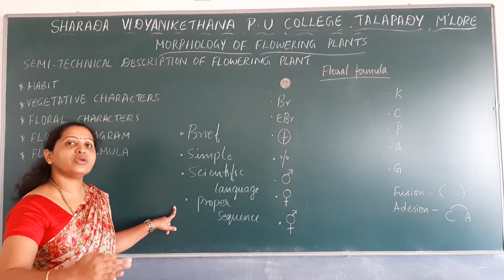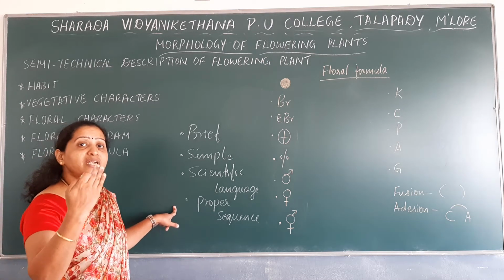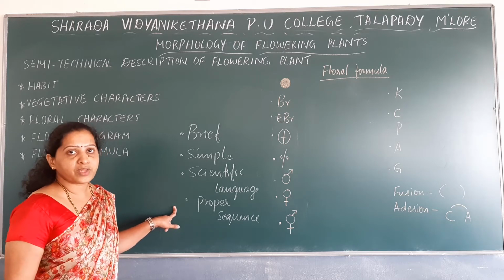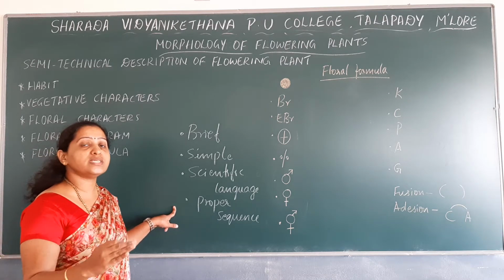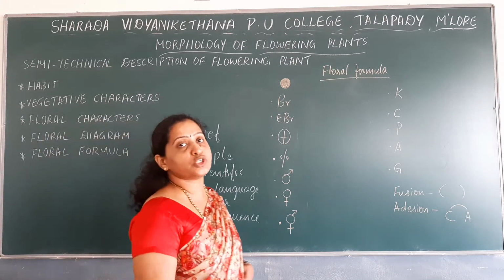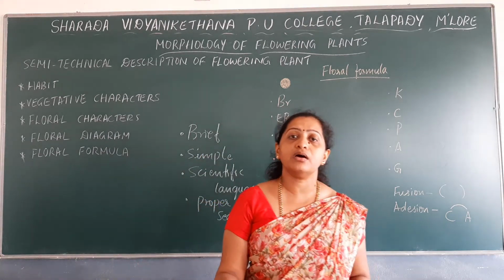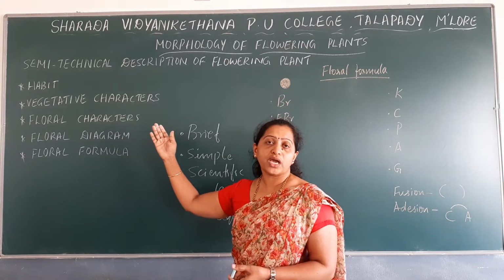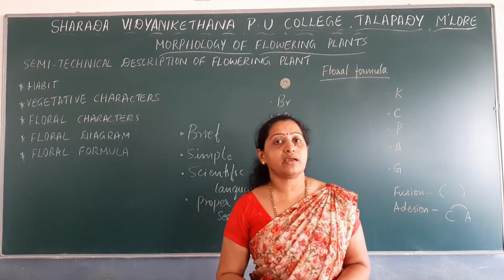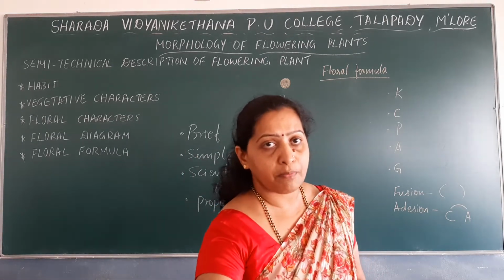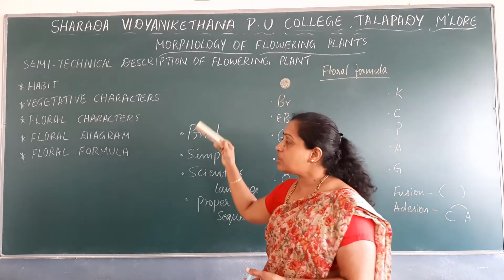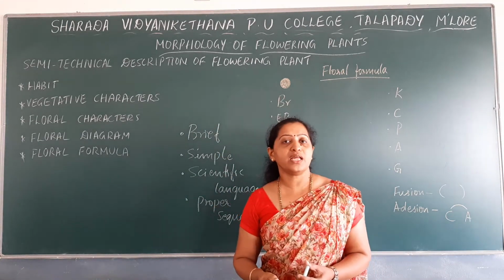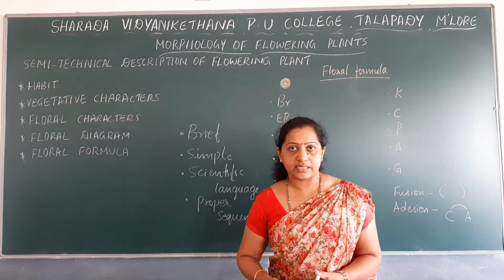So we will see how we can describe a flowering plant. What are the rules that have to be followed while describing a flowering plant? That is what we are going to study in the semi-technical description of a flowering plant.